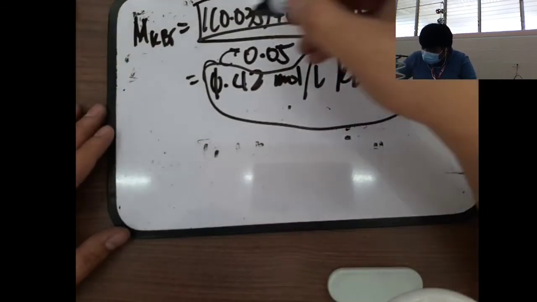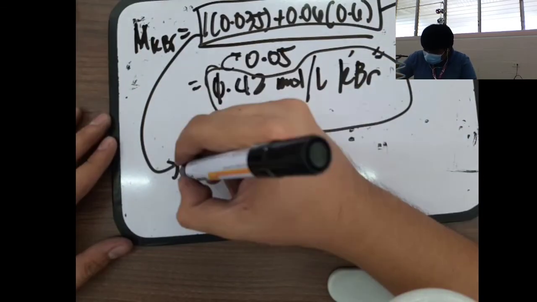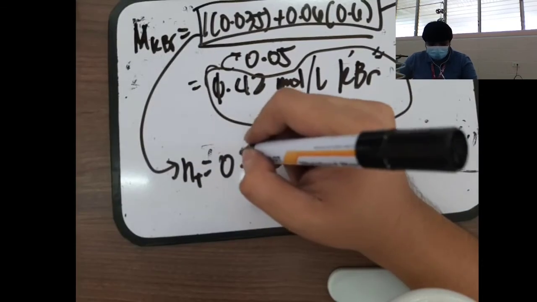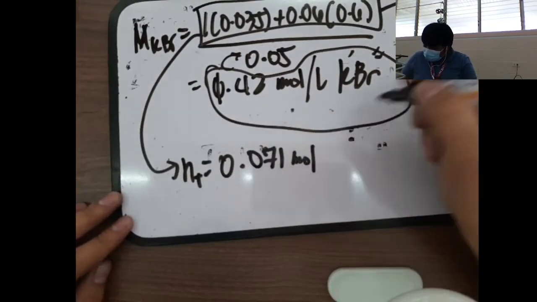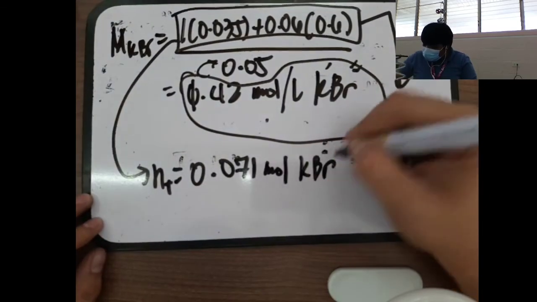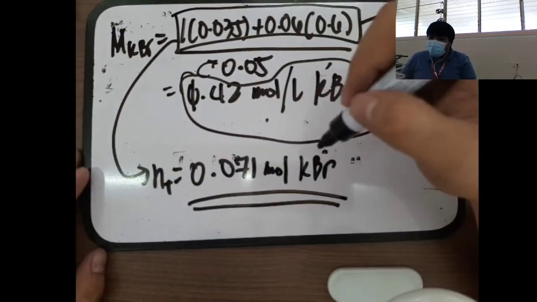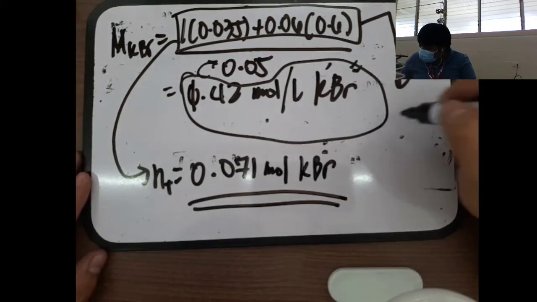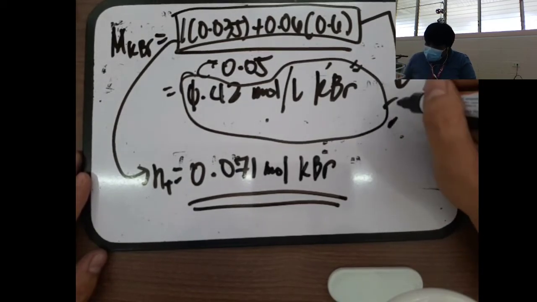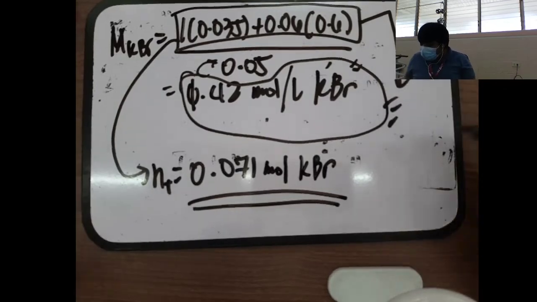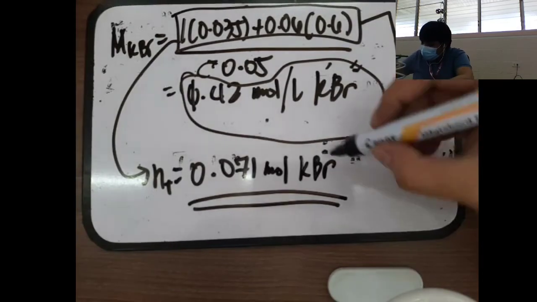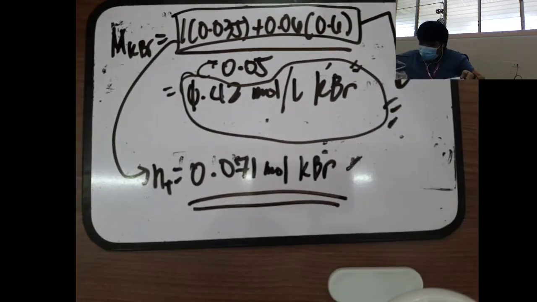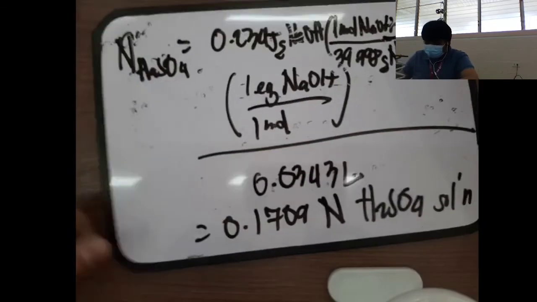Solving for this, it is equal to 0.071 mole of potassium bromide. This is the amount of potassium bromide in our 1.42 mole per liter KBr solution that will react with silver nitrate. So we need to know how many grams of silver nitrate will react with this number of moles.